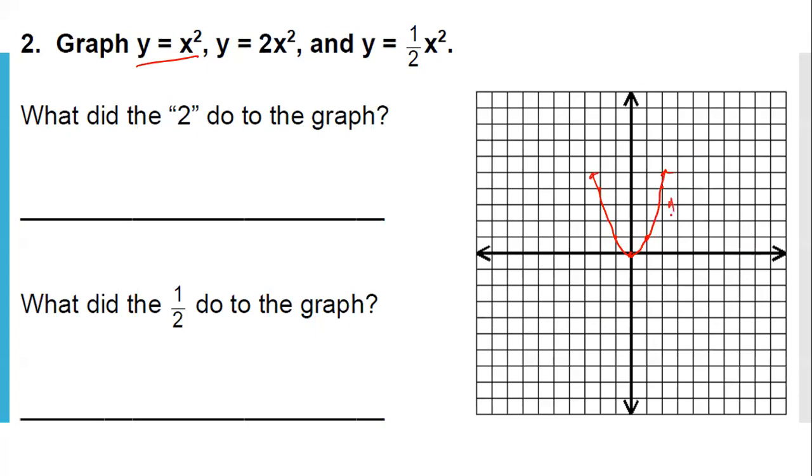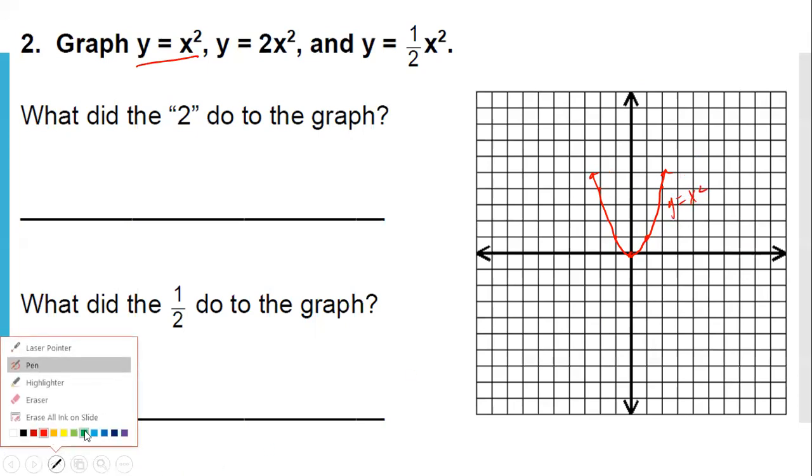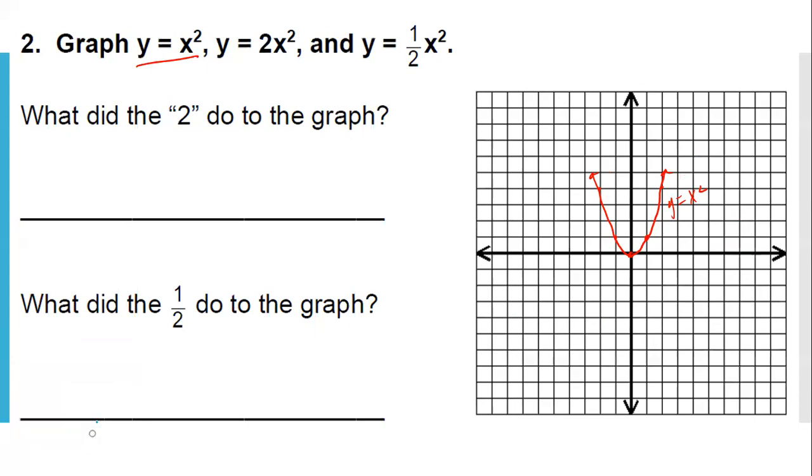So here's our y equals x squared. Now we're going to graph 2x squared. With y equals 2x squared, we're asking ourselves, what happens when I have 2 times 0 squared? What happens if I have y equals 2 times 1 squared? What happens if I have y equals 2 times 2 squared?